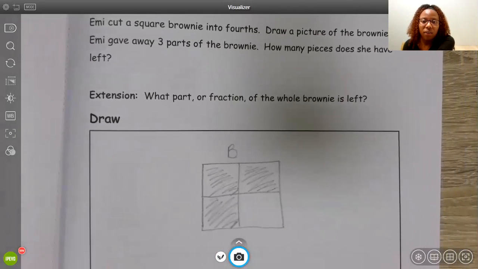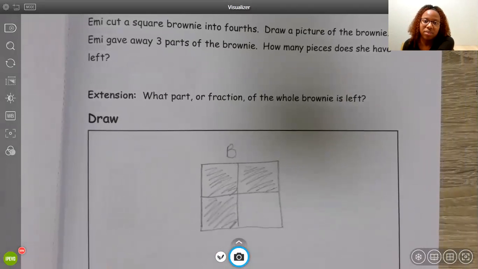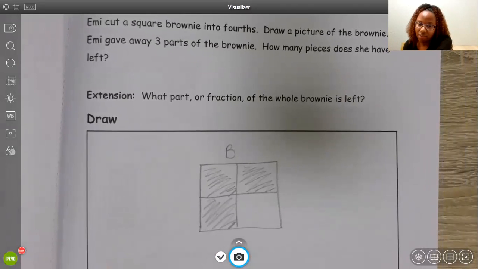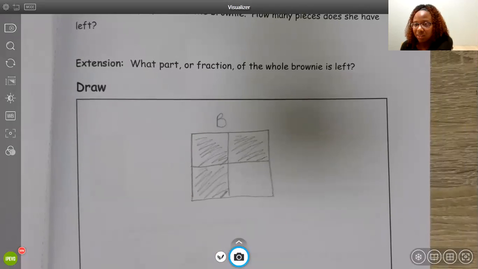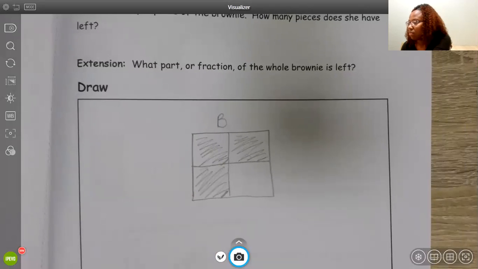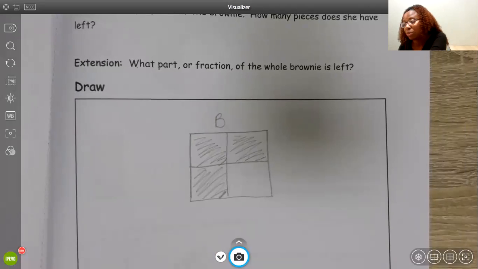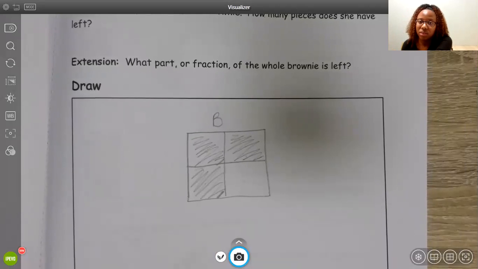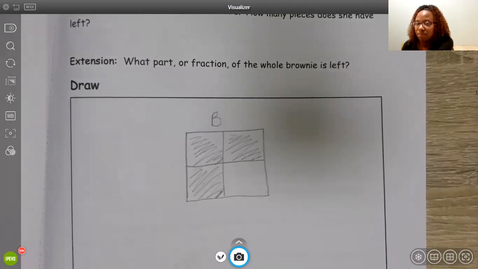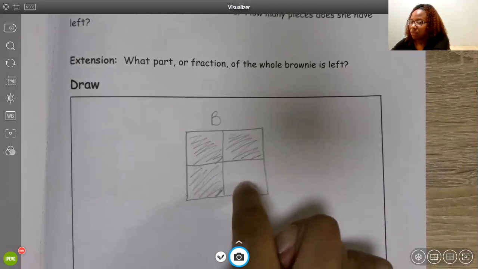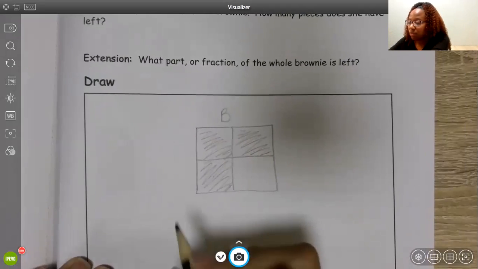Now we have to solve in order to figure out how many pieces of brownie she has left. So I know that she started out with, well, she cut them into 4s. If she cut them into 4s, how many pieces did I have to begin with? I have 4. 1, 2, 3, 4. So I can write 4.